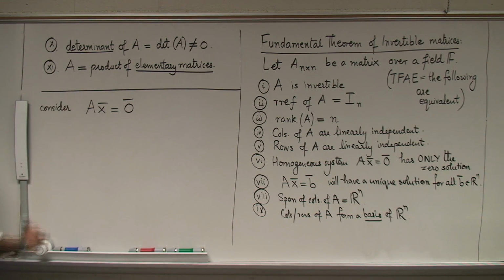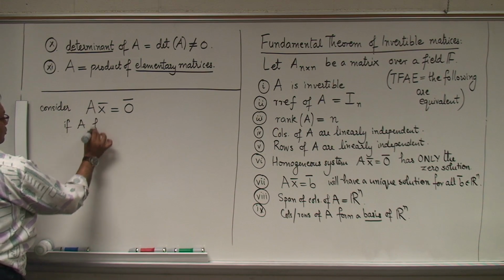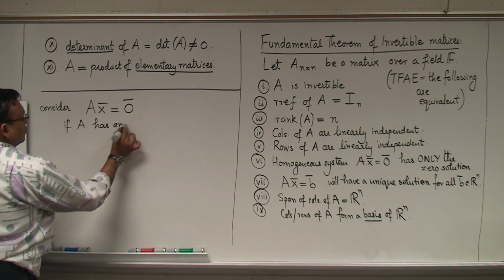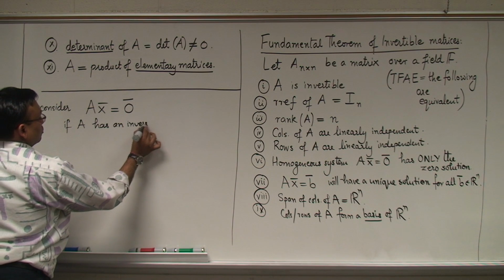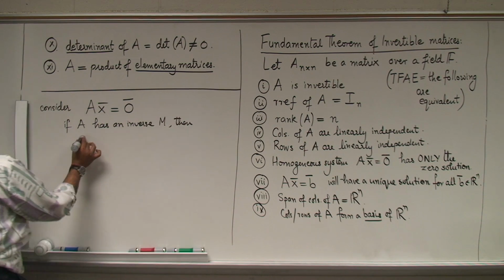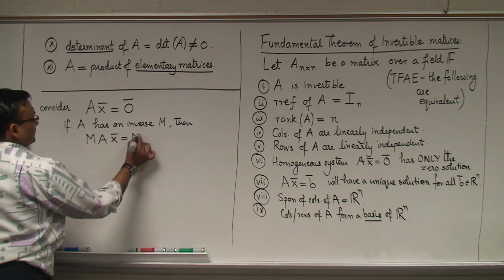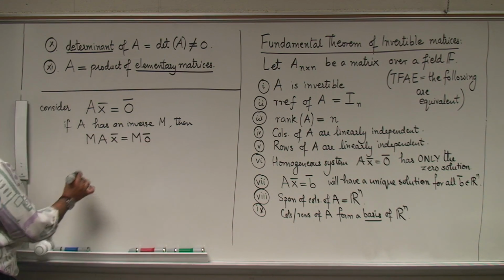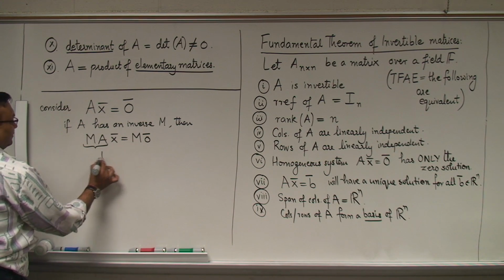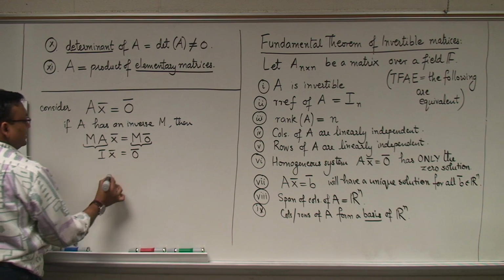If I know that A is invertible, which is what we are saying over there, if A has an inverse, then what we can do is, we can come here and multiply both sides by my matrix M. This thing will give me identity, and this will give me the 0 vector.